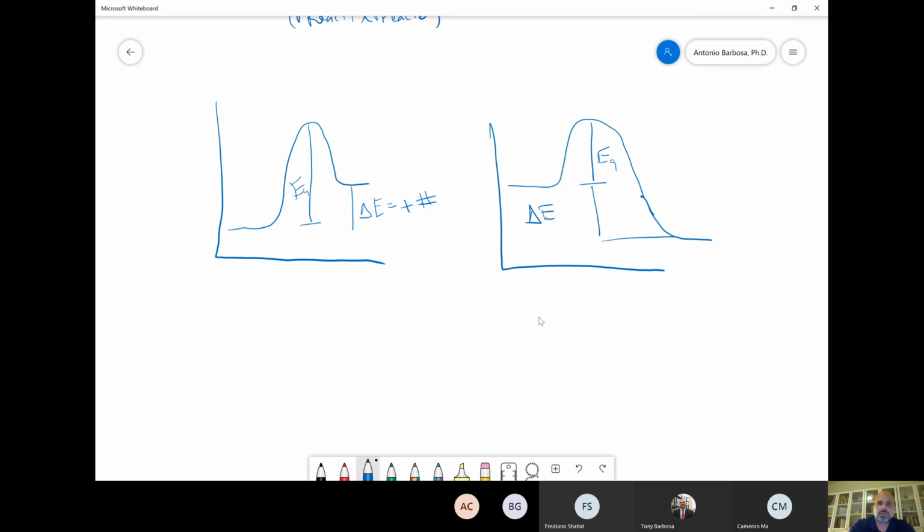So delta E is equal to a negative number. The reaction on the left is going to be our endothermic reaction. The one on the right is an exothermic reaction.